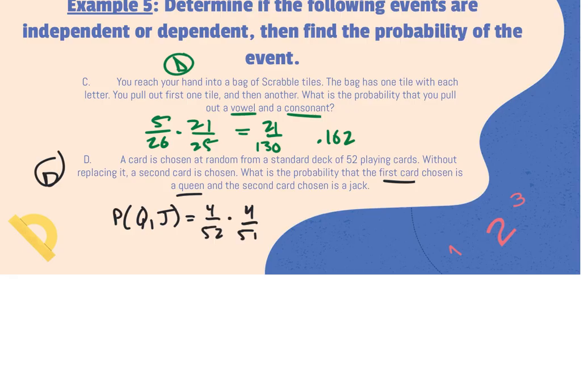So you're going to get 0.006. So a very, very small number. 4 out of 663 simplified.